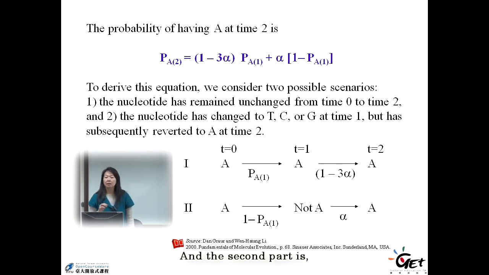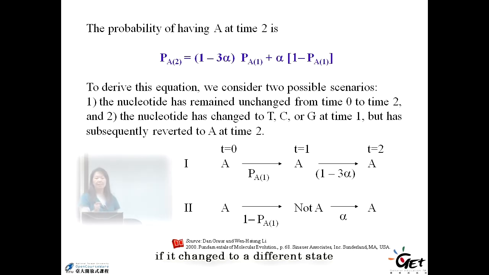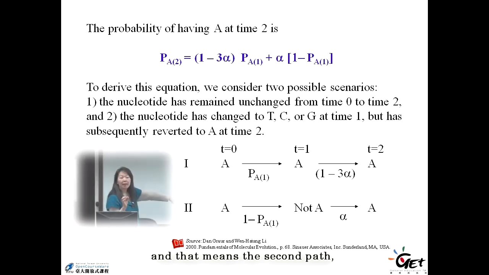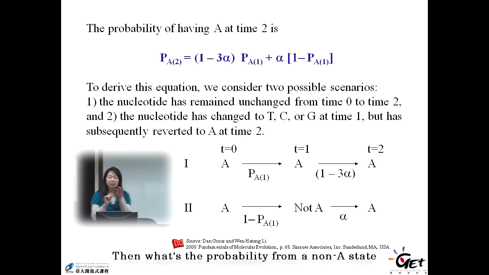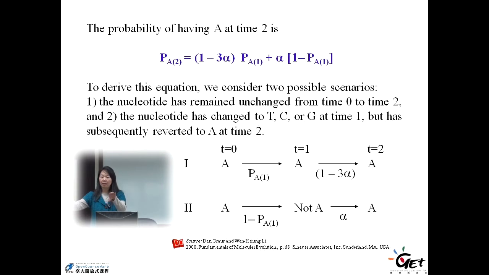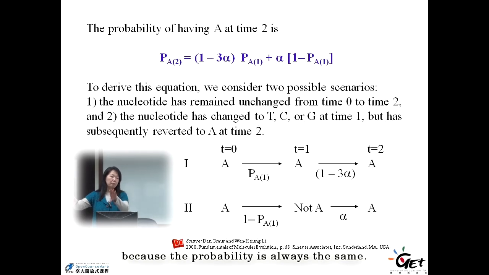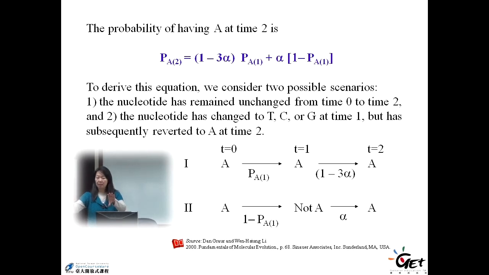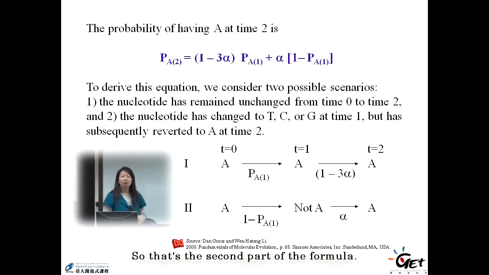The second part is if they change to a different state at time equals 1. That means on the second path, it's a non-A state. Then what's the probability from a non-A state to an A? That's alpha, right? It doesn't matter if it's a T or G or C, because the probability is always the same. It's alpha, because the final state is an A. So that's the second part of the formula.